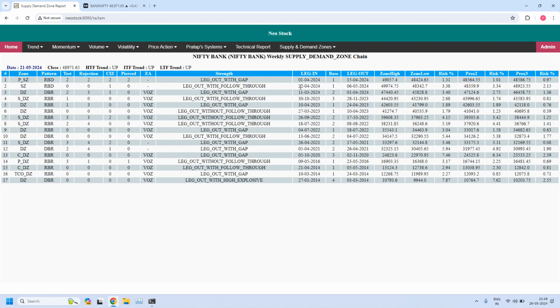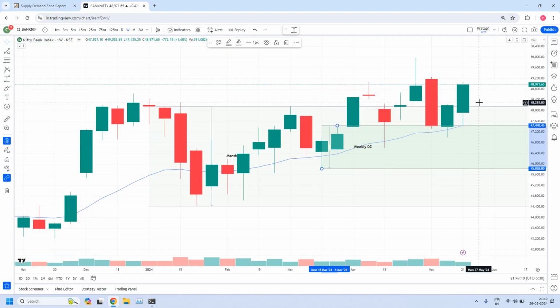Now we will also draw the weekly supply zone. The lagging candle is on 22 April. After that, one base candle. So this is the leg-in candle. You might be wondering how it is a leg-in candle. You just had the hidden body. If you had the hidden body, this entire thing is the body of the candle. That means rally, you have a base and you have a drop.